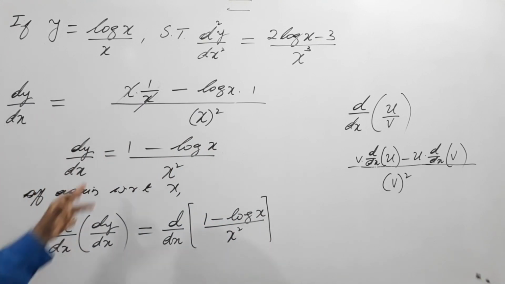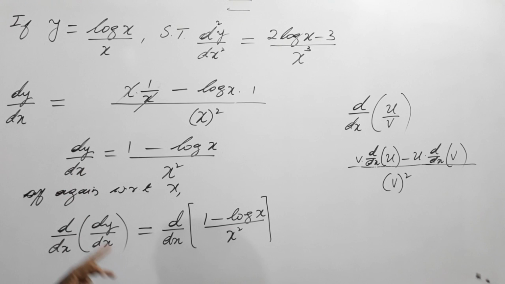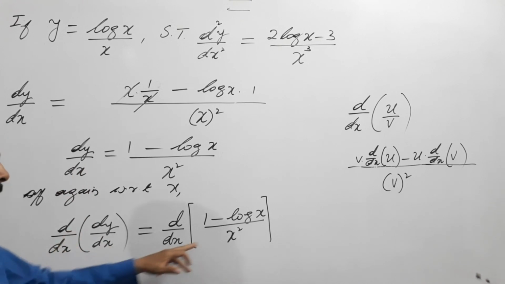So we are differentiating once again. For that we use d by dx of dy by dx equals d by dx of this.